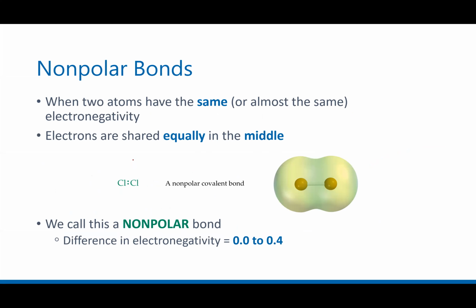So when two atoms have the same or almost the same electronegativity, the electrons are shared equally. This is called nonpolar.